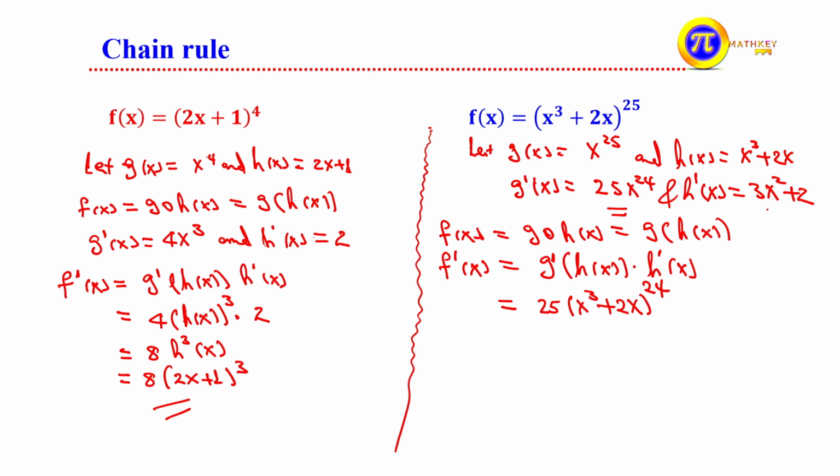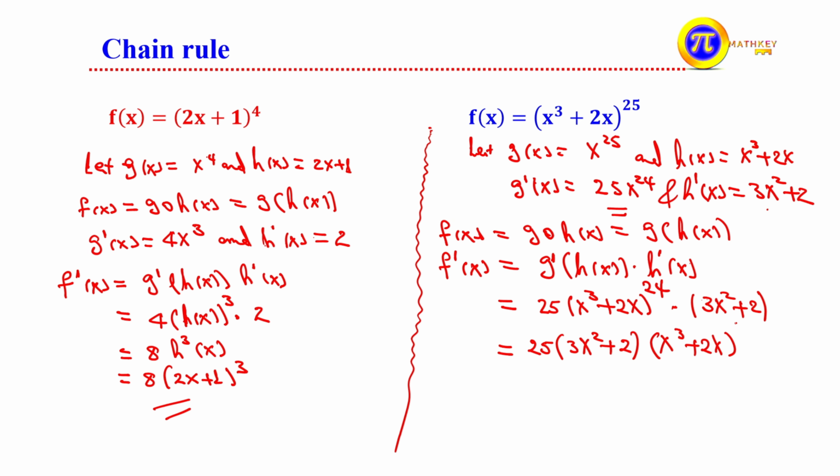That means x cube plus 2x to the power of 24, times h derivative at x, which is 3x squared plus 2. We can rearrange this if it is possible. This is equal to 25 times 3x squared plus 2 times x cube plus 2x, the whole to the power of 24.